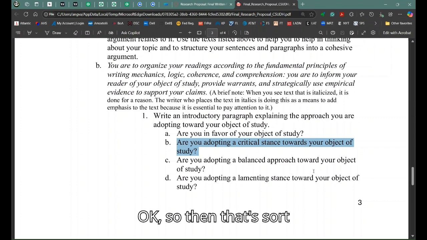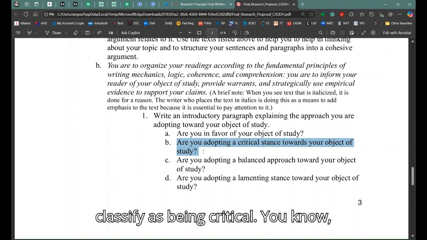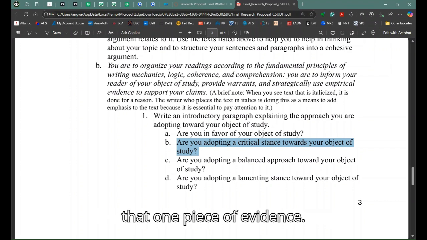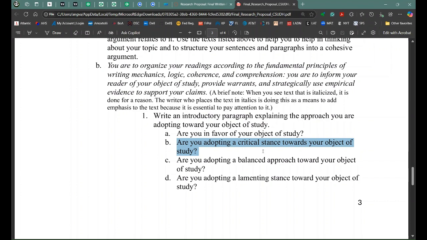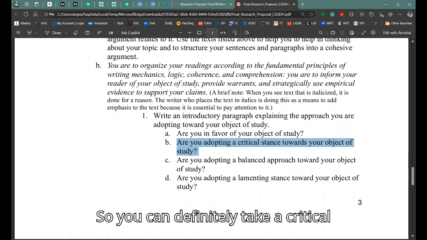Okay. So that's what I would classify as being critical. That one piece of evidence contradicts what Bhagwati says in his book In Defense of Globalization. So you could definitely take a critical stance.